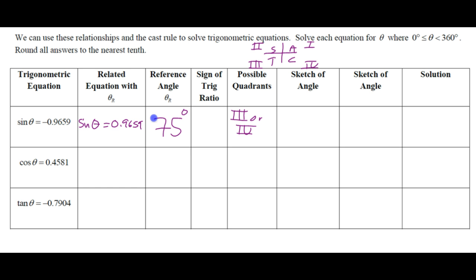But the trig ratio has a sign of negative, which means that it's in quadrant 3 or 4. So if we sketch that angle, we need a reference angle of 75 degrees in quadrant 3. So there's 75 degrees. And we need a reference angle of 75 degrees in quadrant 4.